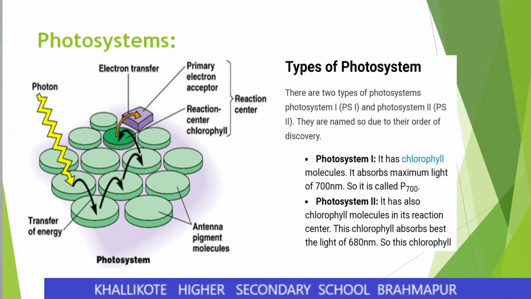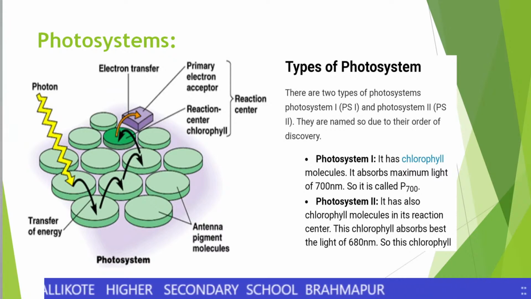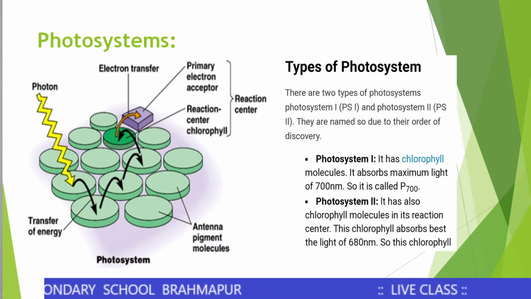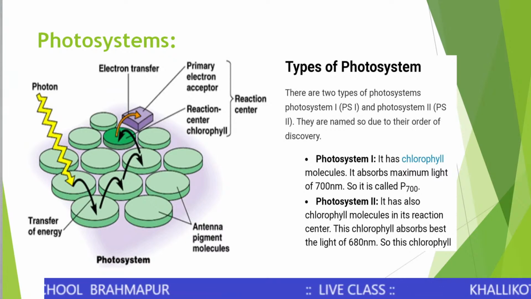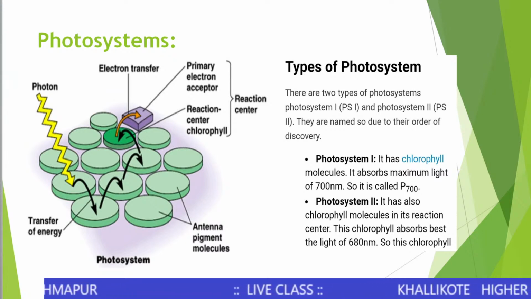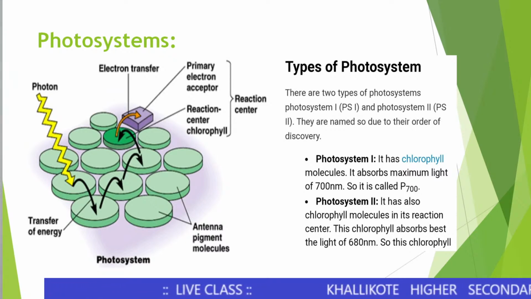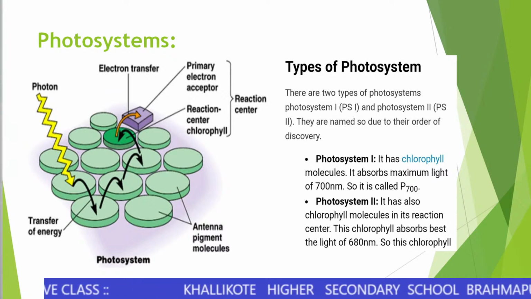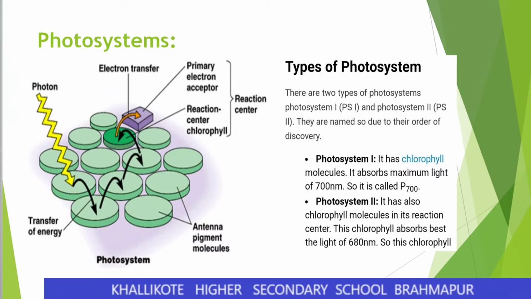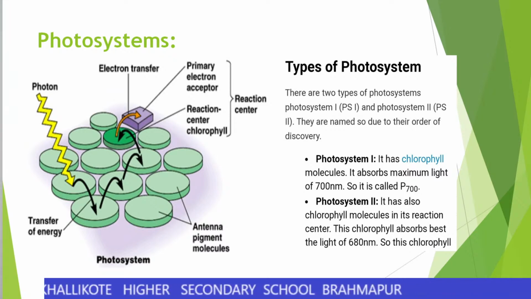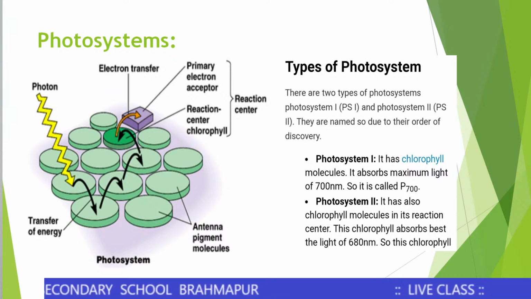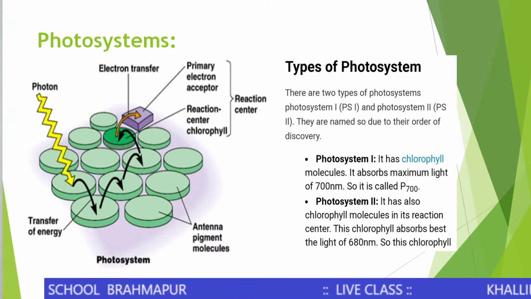They are named due to their order of discovery as photosystem 1, PS1, and photosystem 2, that is PS2. Coming to the general structure of a photosystem, each photosystem has two specialized chlorophyll a molecules, which are called the reaction center chlorophyll molecule, or the RC.